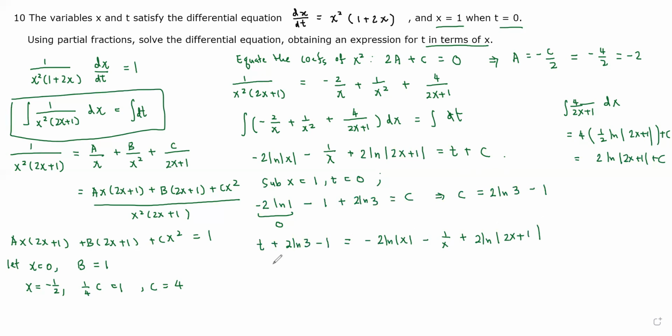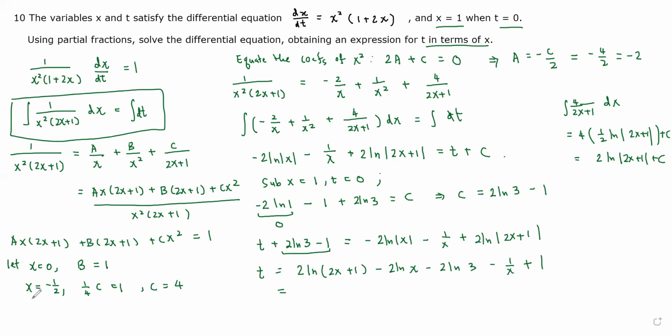And we can now move this 2 log 3 minus 1 over to the right, and we can rearrange this. We rewrite this as 2 log 2x plus 1 minus 2 log x, and then we have minus 2 log 3 minus 1 over x plus 1.